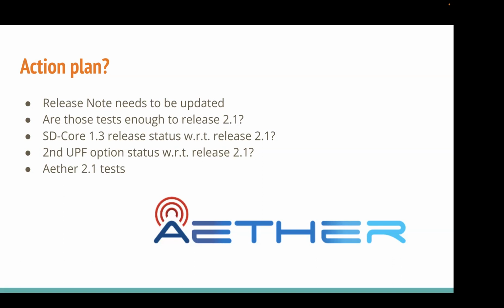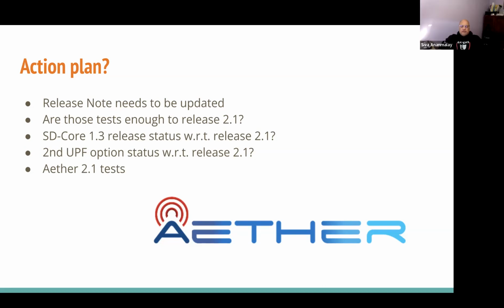I wouldn't wait for that to be done, because it might take some time. We're trying to figure out a faster way to do those security tasks on just the delta of code changes that we're doing, but that might still take time. So I would say we can continue with the older SD Core release for Aether 2.1. Okay. And we'll do a separate SD Core 1.3 release after that.